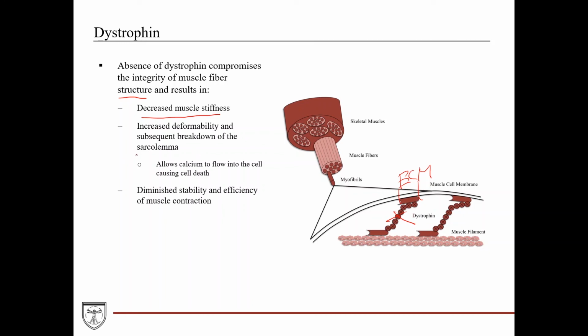You can have breakdown of the sarcolemma, the muscle cell membrane, and by breaking down the membrane, you can have calcium enter the cell. Calcium can trigger apoptosis, and that can result in death of the muscle cells. Overall, by losing dystrophin, you really diminish the stability and the efficiency of muscle contraction.